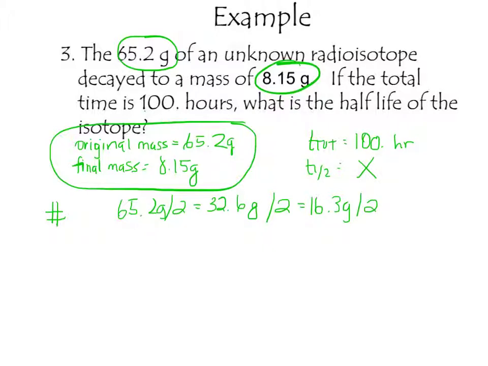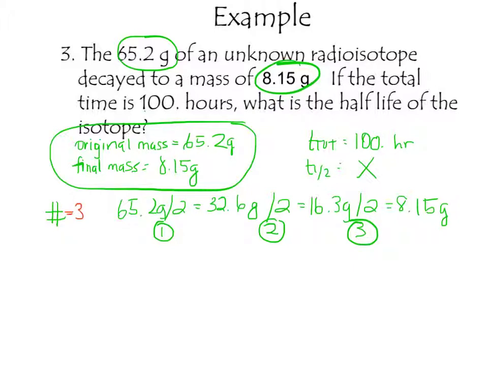So I divide it by 2 again. And this time, this gives me 8.15 grams. Now let's go ahead and count how many times we divided by 2. Here's 1, here's 2, and here's 3. So that tells me that we went through 3 half-lives. So I'm going to put that the number is 3.